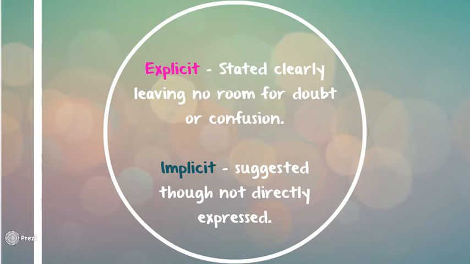You don't have to really delve into the text too much to find the information because it's almost factual, right in front of you. Implicit, on the other hand, tends to be buried beneath the surface a little bit. So we have to use our inference skills to think, okay, what is being suggested to me from the information that I've got in front of me. So implicit information is suggested, though not directly expressed.